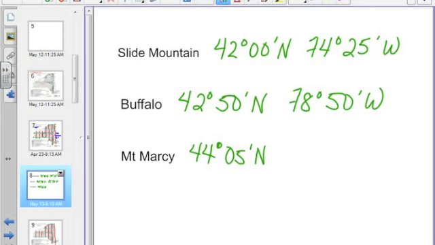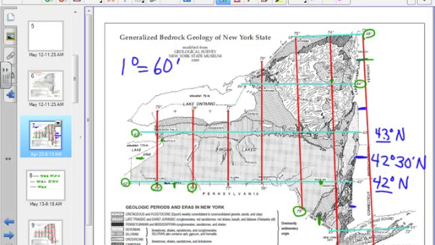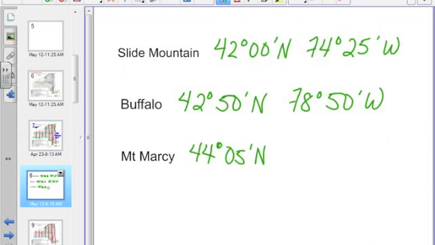And our longitude for Mount Marcy up here, right there on that 74 degree west line, but remember it's degrees and minutes, so we're going to say 74 degrees 00 minutes west.